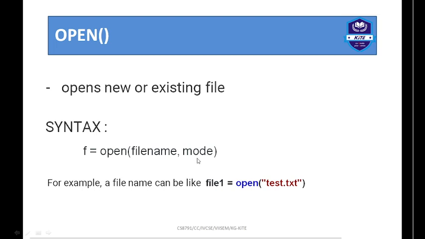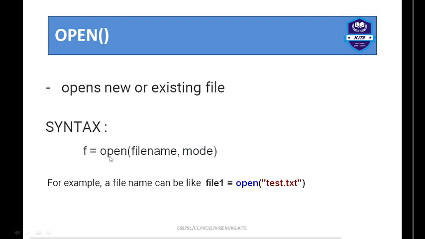If you wish to write something into the file, we have to open the file in write mode. The letter for write mode is w. If you want to append something to existing content, you have to open it in append mode. The character for append mode is a, and so on.